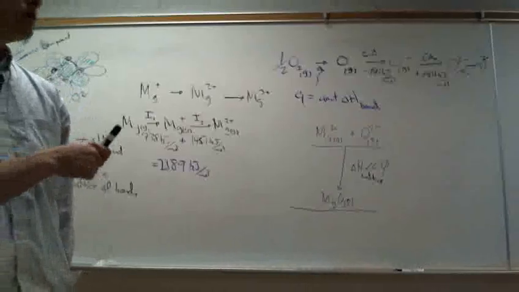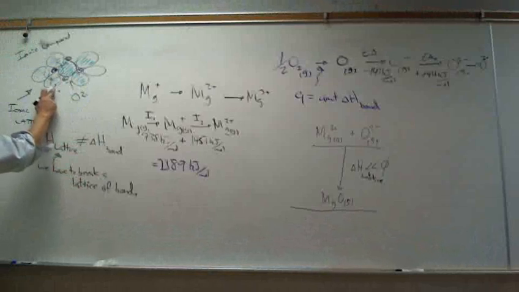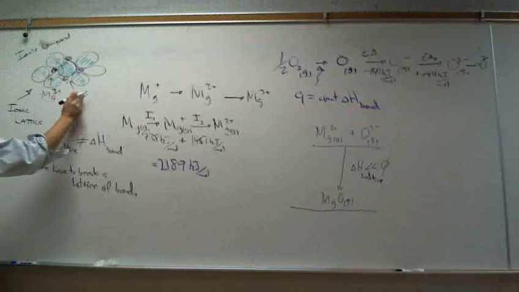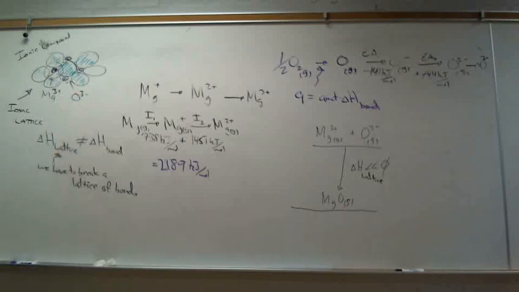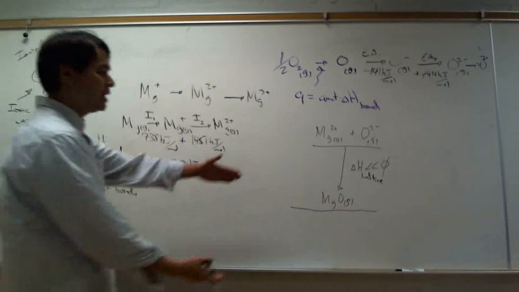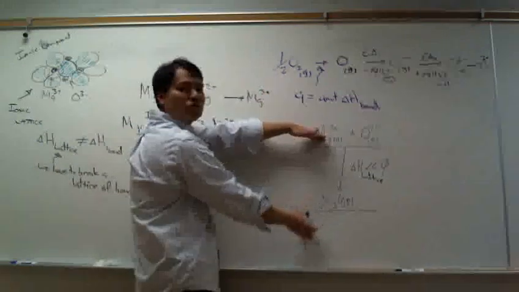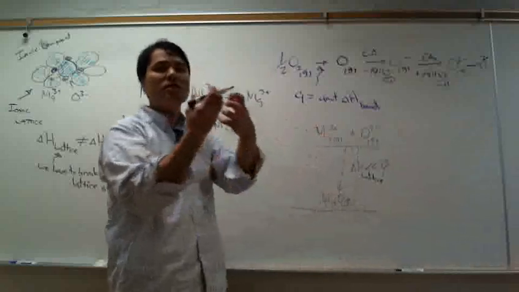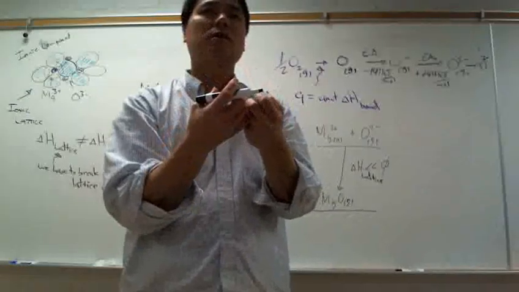Yeah, the initial cost is going to be bigger, but if this were instead a lattice made up of magnesium 3 pluses and oxide 3 minuses, how much stronger is the bond compared to +1 and -1? 9 times stronger. 9 times stronger means this lattice energy is going to be huge. We're going to get a huge drop here because that lattice is going to be so much stronger. Right? The bonds are going to be a lot stronger.